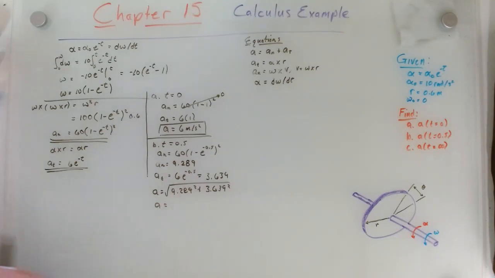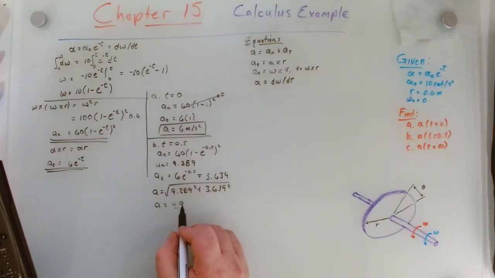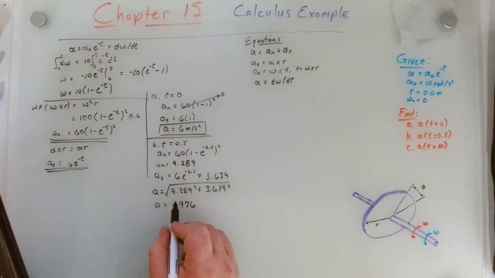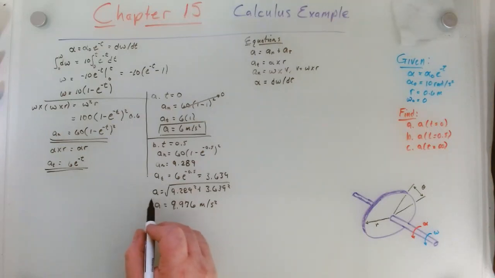Alright, so A is, drum roll please, 9.289 squared plus 3.639 squared. That gives me 9.976. And that, again, is meters per second squared.